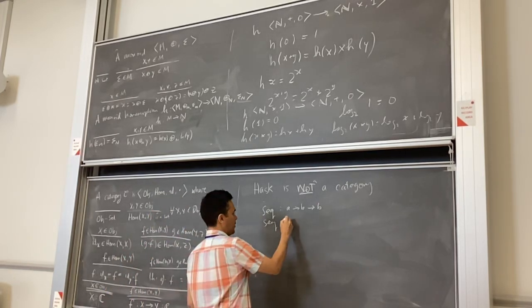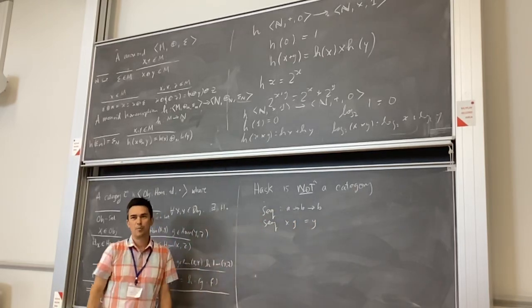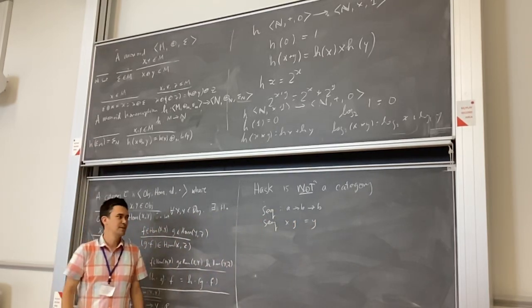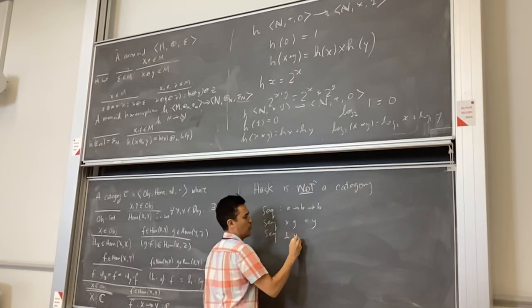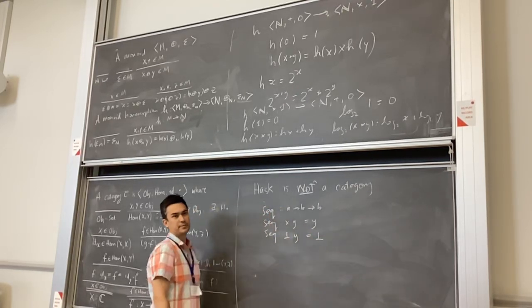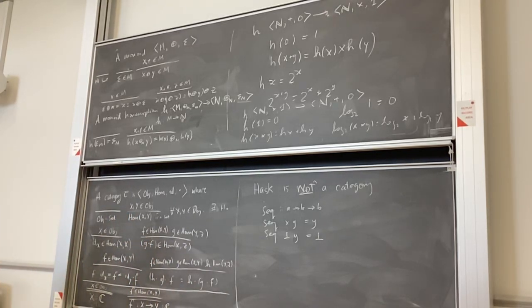So seq of x, y is equal to y, but with this really weird condition that seq of bottom, y is bottom. So for those who don't know, bottom is just another word for undefined. It means your phone spins and gets very hot, and who knows what happens. It means if you try to evaluate, the system explodes.